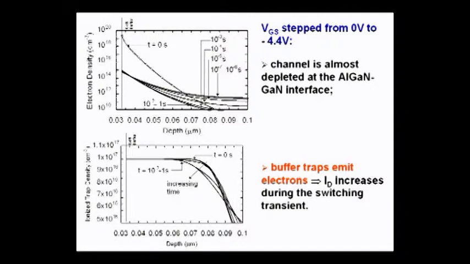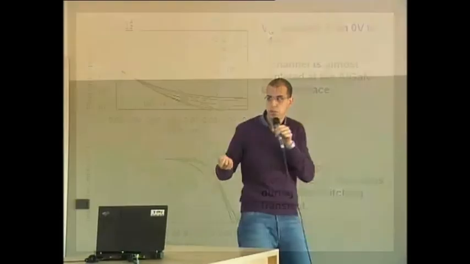Now, in the case when the step of VGS is to a value close to the pinch-off, the density of electrons in the channel is much smaller, and we can see from the density of ionized buffer traps that this density is decreasing with increasing time, indicating that the effect in this case is the emission of electrons from traps.